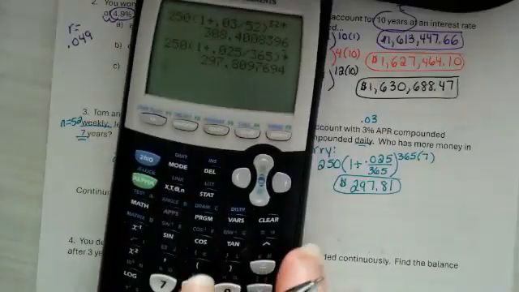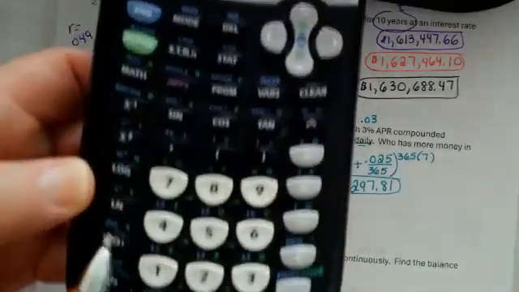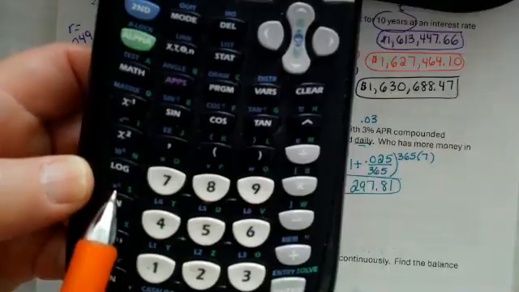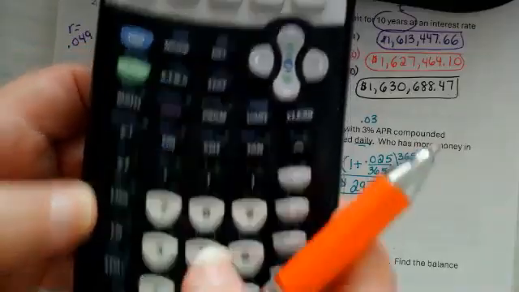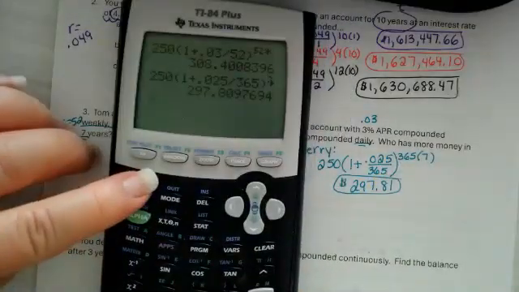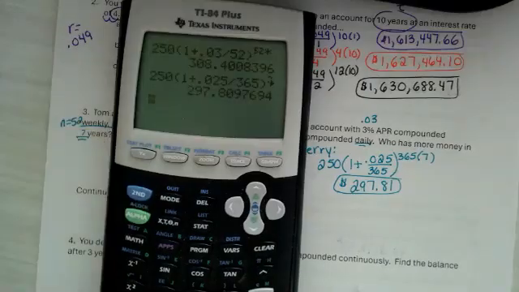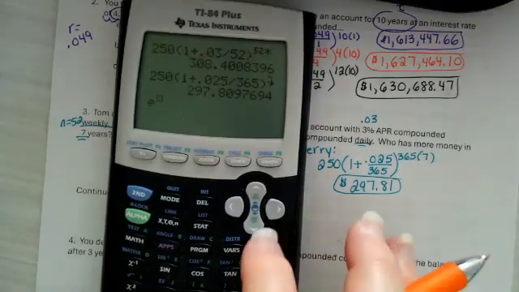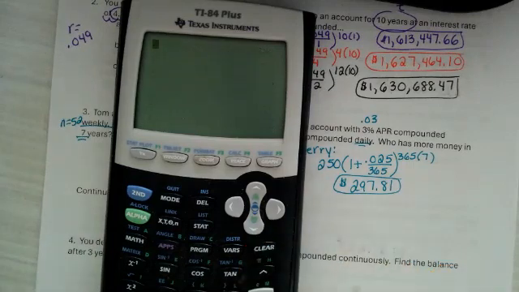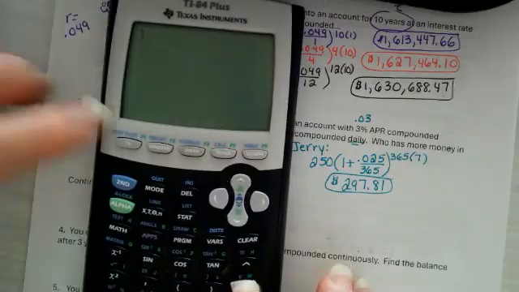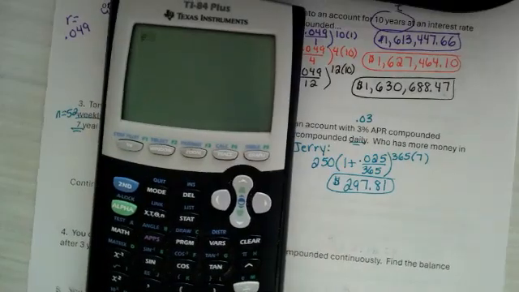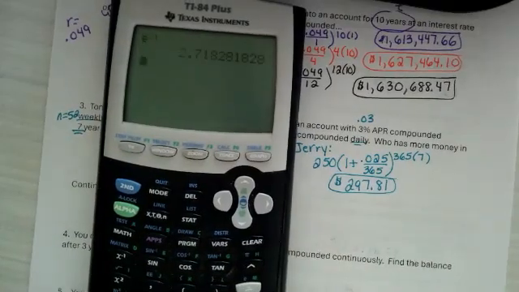If you go over here on the left side, there's an ln. Right above it, it says e to the x. So if you want to do your e value, you do second ln, and that gives you e to whatever power. If you just wanted to look at the e all by itself, that's right above the division sign. So if I go second divide, that's just plain old e without a power.